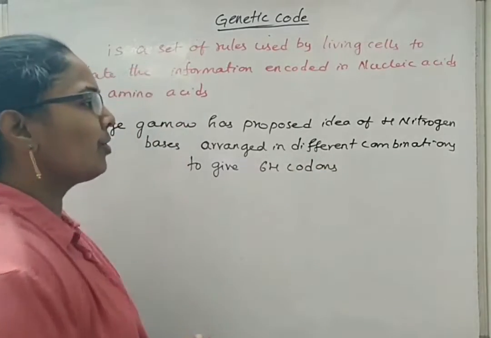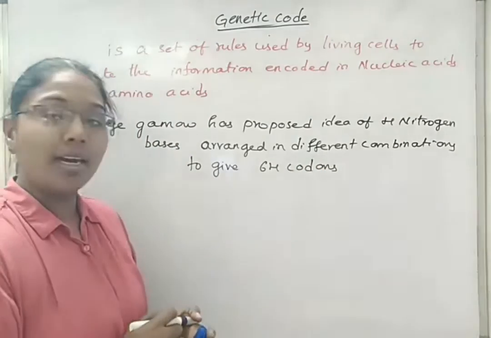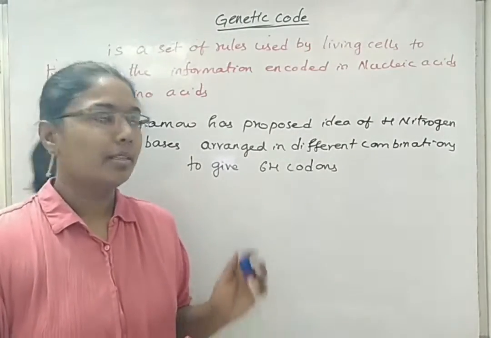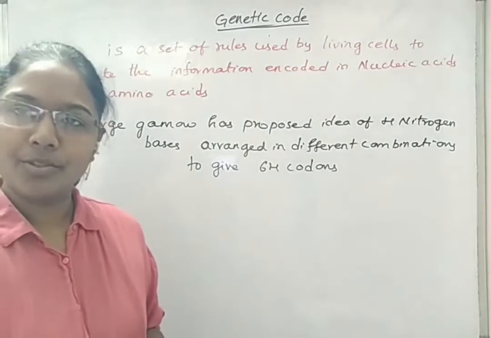And these 64 codons are coding for 20 different types of amino acids. This idea was initially given by George Gamow.